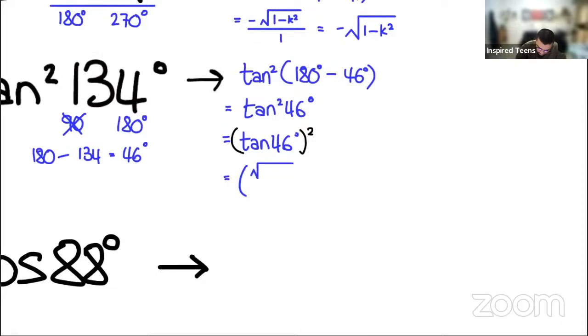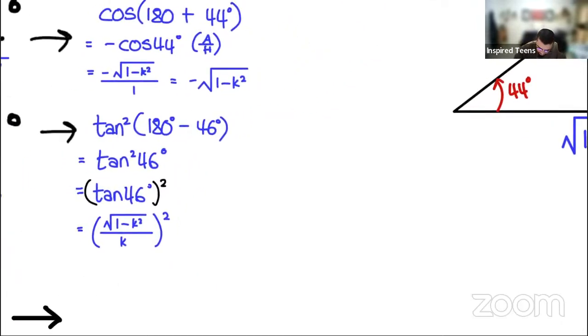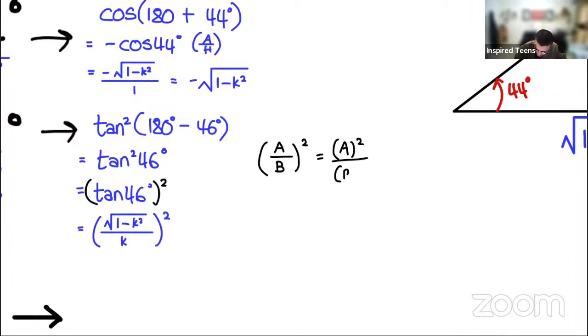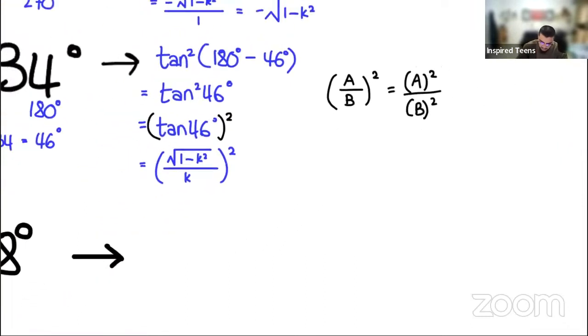Square root 1 minus k squared over k, squared. Okay, now if you remember correctly, this is an exponent rule: when it comes to squaring a fraction, to simplify it, you basically find the square value of each, the numerator and denominator. So that's exactly what we're going to do.